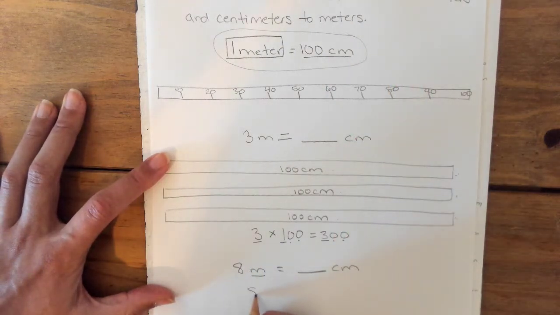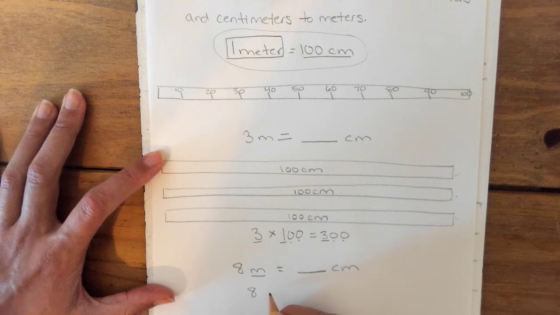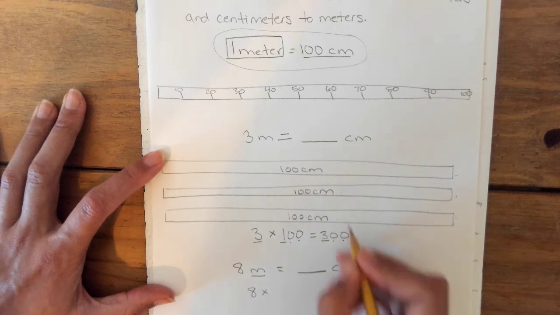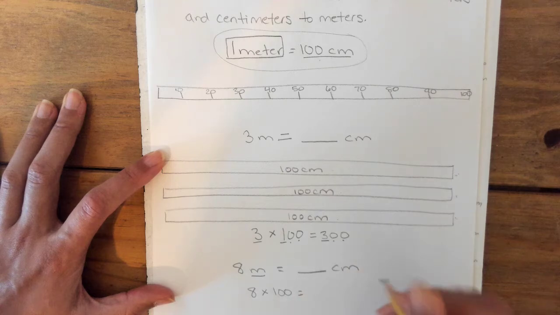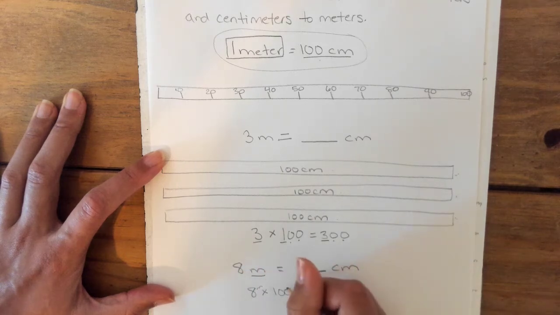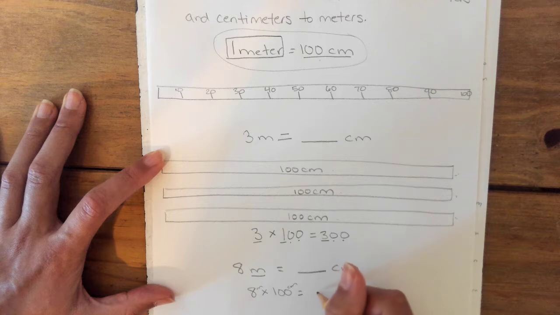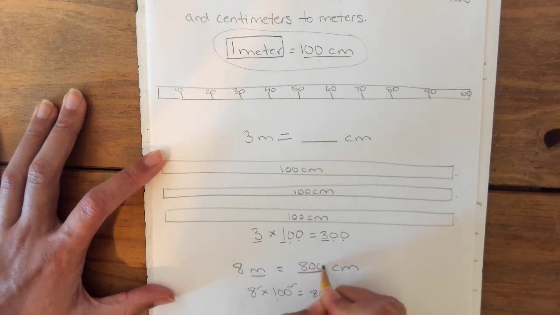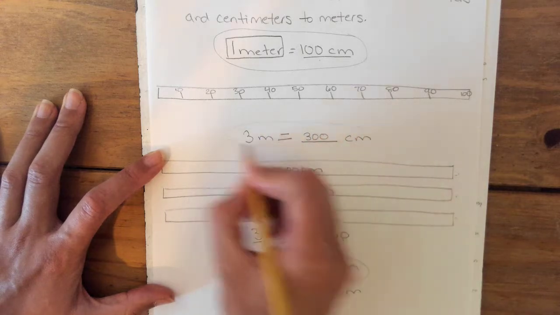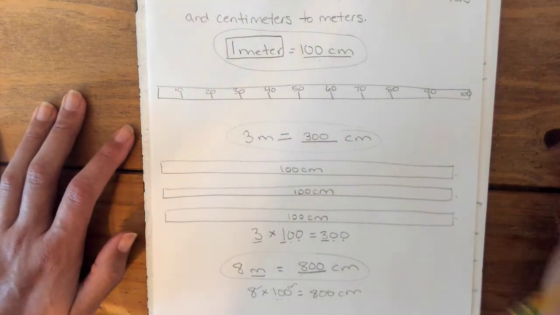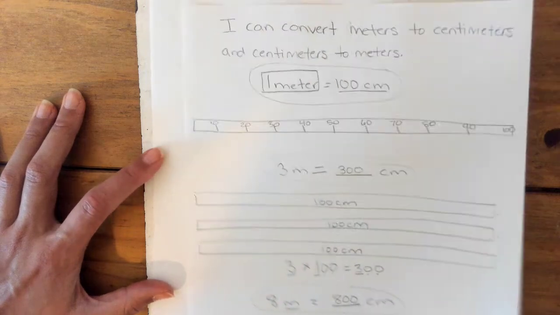So that means I'm going to have 8 groups, or 8 meter sticks, and each meter stick has 100 centimeters in it. So we have 8 meters times 100 centimeters, and that's going to give us 8 times 1 is 8 with 2 zeros. So 800 centimeters. So my answer is 800. I forgot to write my answer up here. 300.